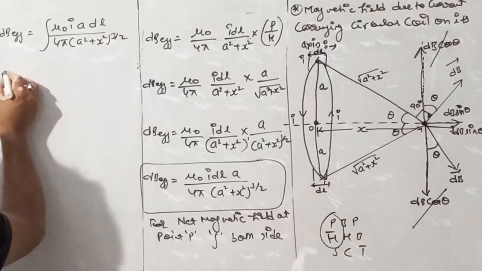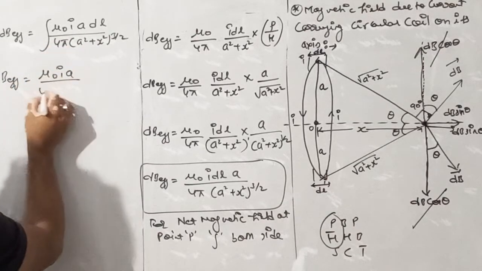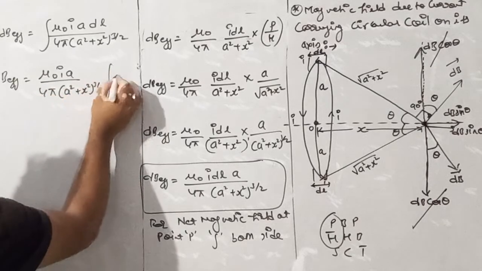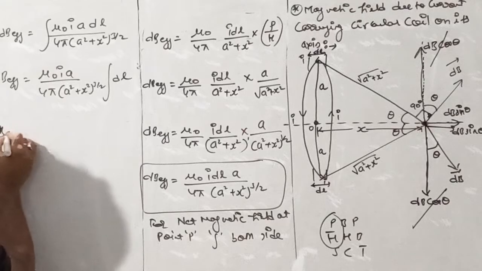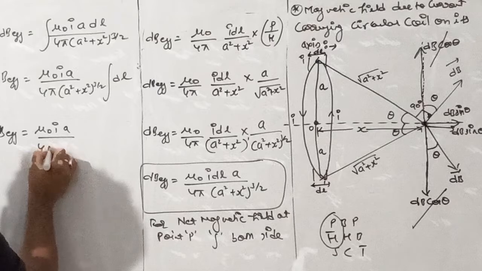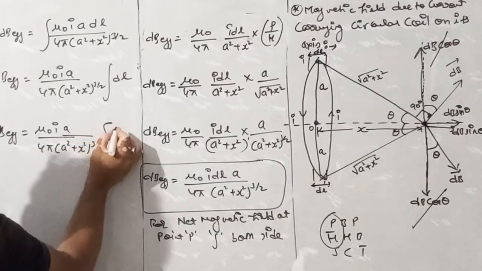So B effective becomes equal to, mu naught is constant, I is constant, radius is constant, 4 pi is constant, a square plus x square raised to power 3 by 2 is constant, dl. So integration of dl is L, mu naught I by 4 pi a square plus x square power 3 by 2.